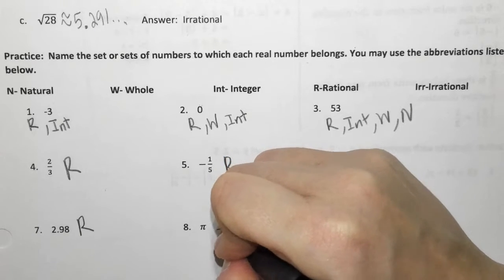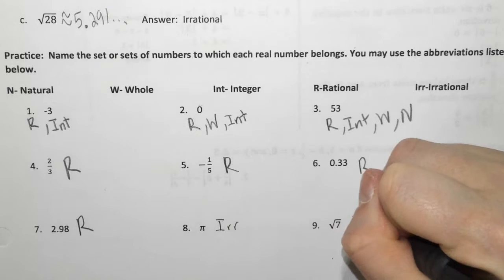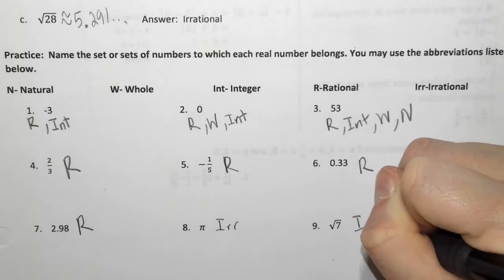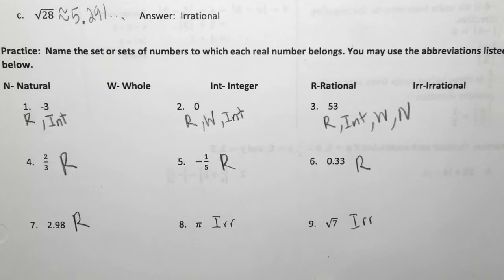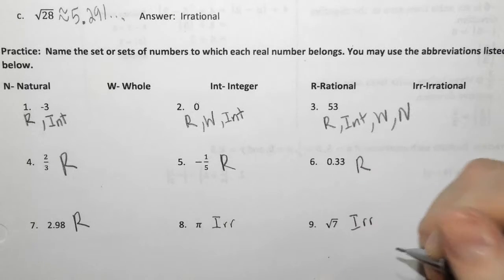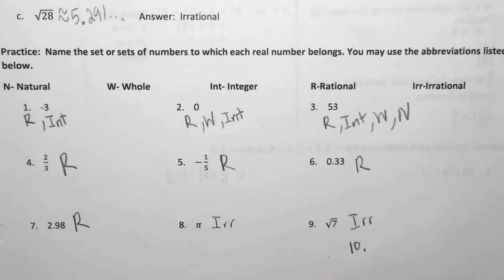Pi is always irrational. And number 9, Lacey. Good. Okay, because 7 is not a perfect square. And I'm just going to add one more on here. What about this one? Say we're just going to add a number 10 down here.